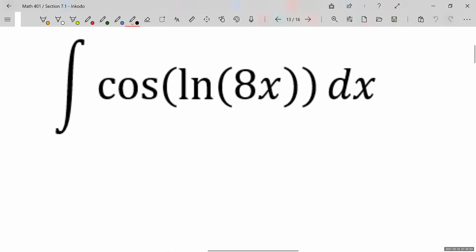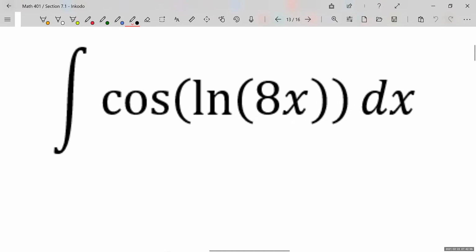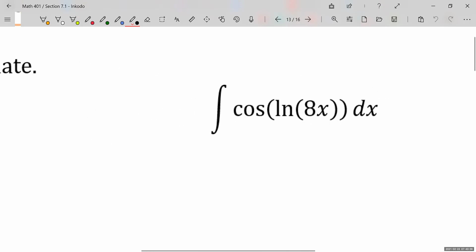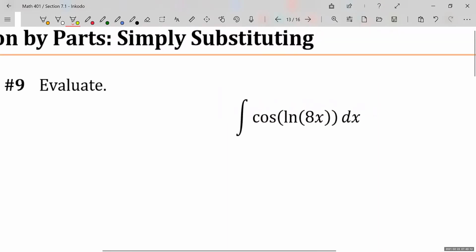Let's say this was an exam or something like that, and you're asked to integrate this, right? The very first thing you should do is, when I see a composition of functions, like an outer function, and then there's some function within it, like a natural log of 8x within that cosine, I immediately, knee-jerk reaction, think, I'm going to do a u sub.